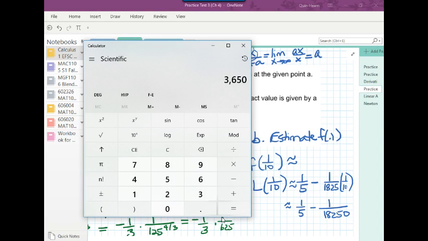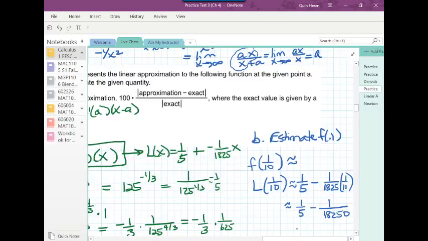I'm going to actually write it as f of 1/10 since we have fractions in L. So f of 1/10 is approximately L of 1/10 because 1/10 is very close to 0.